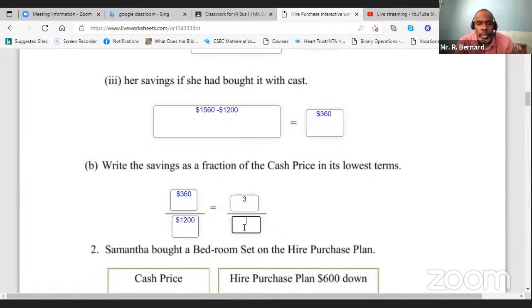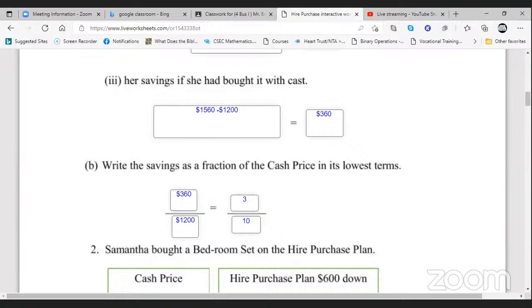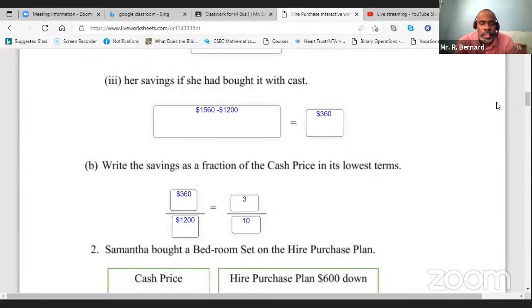That's correct. All right, so that is the end of number one. Oh, you get the 3/10. Richard explained to Nashi the 3/10.